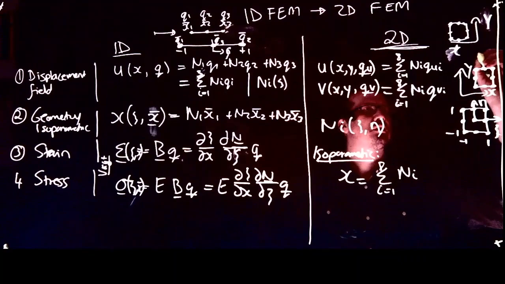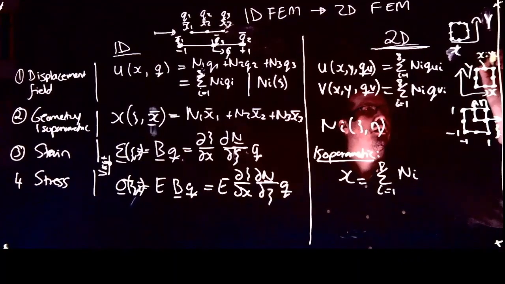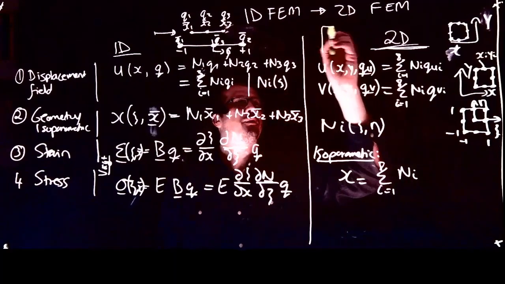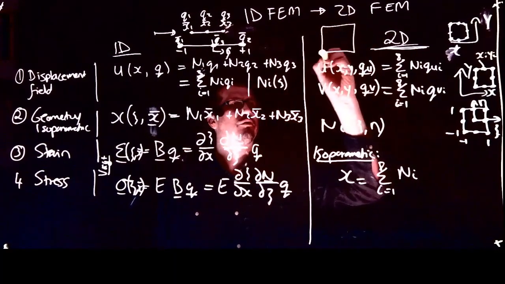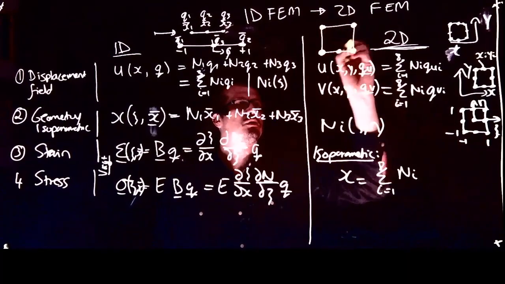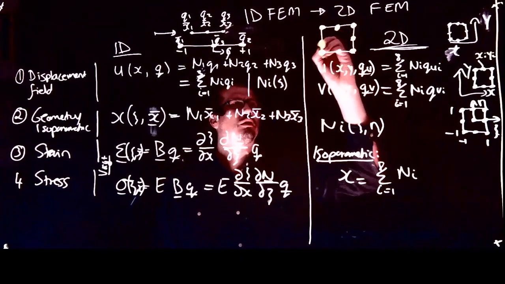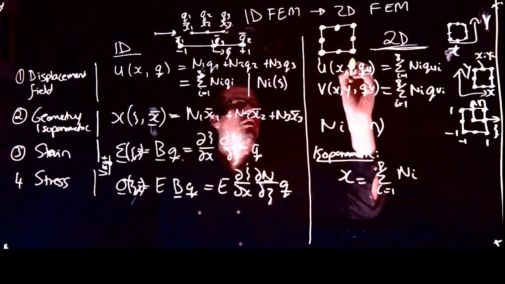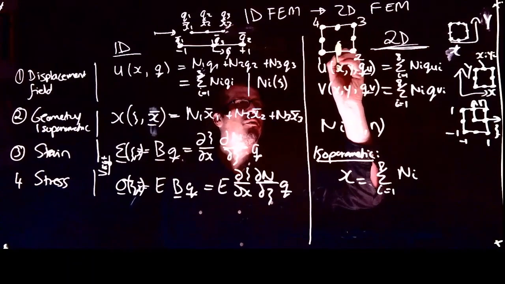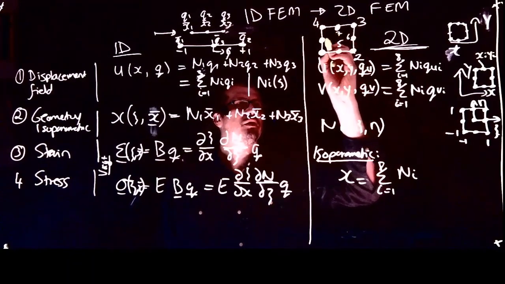So this node is xi, yi, and we have maybe some numbering. I'll tell you what the numbering is for an element in 2D. This is just convention again. It's not because it has to be, it's just because traditionally this is what it is. Numbering 1, 2, 3, 4, 5, 6, 7, 8.